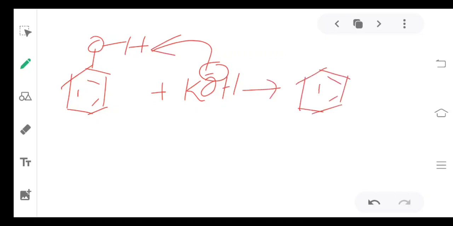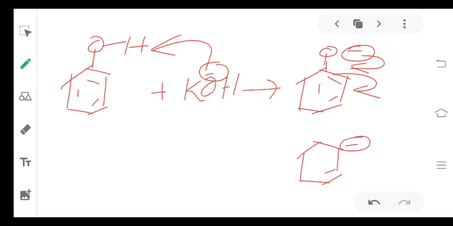Now students, phenol is more acidic than alcohol. The reason behind that is the phenolate ion is more stable than phenol. When the phenolate ion participates in resonance, there is delocalization of the minus charge, whereas in phenolate ion there is no charge separation. Charge separation means there is a plus and minus dipole.